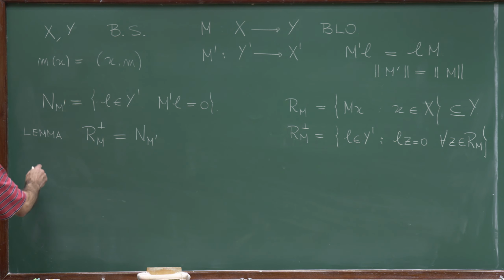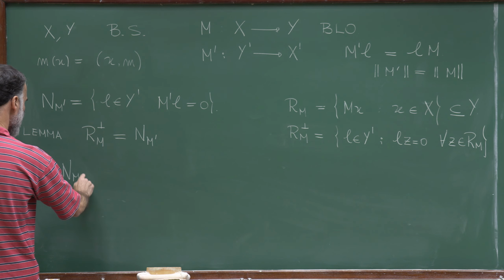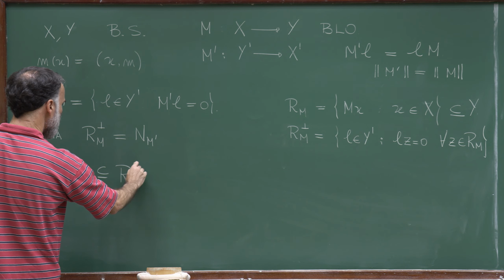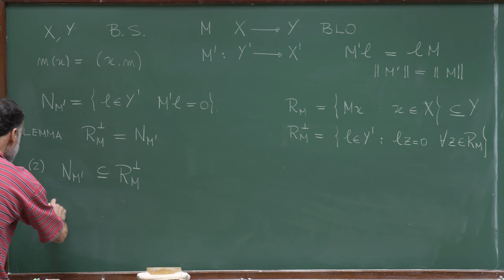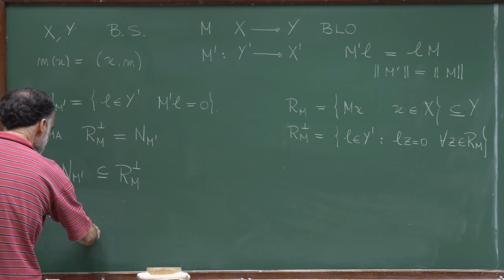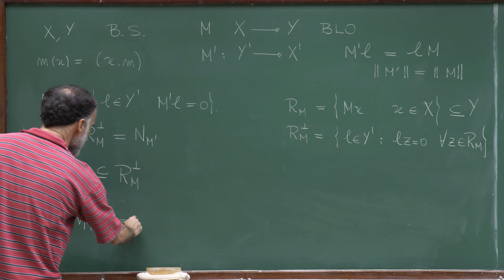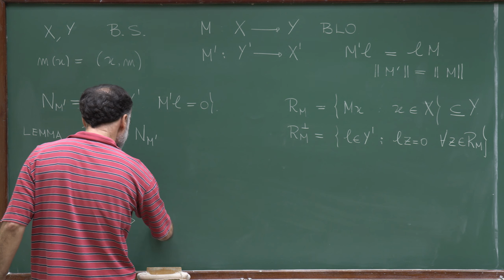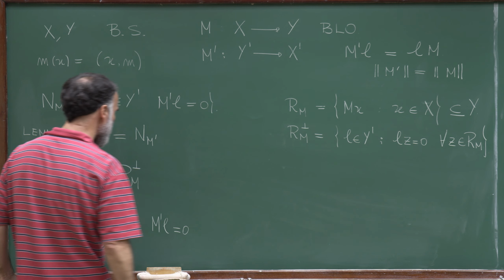Now let's prove the converse inclusion. Let's prove that Nm prime is included in Rm perp. So we'll do the same thing. Let's consider a bounded linear functional L in N, the null space of m prime. So since it's in the null space, this means that m prime of L is equal to 0.